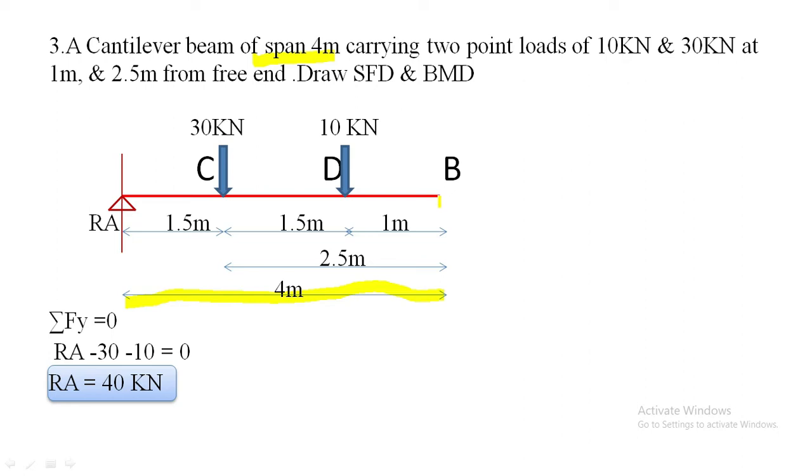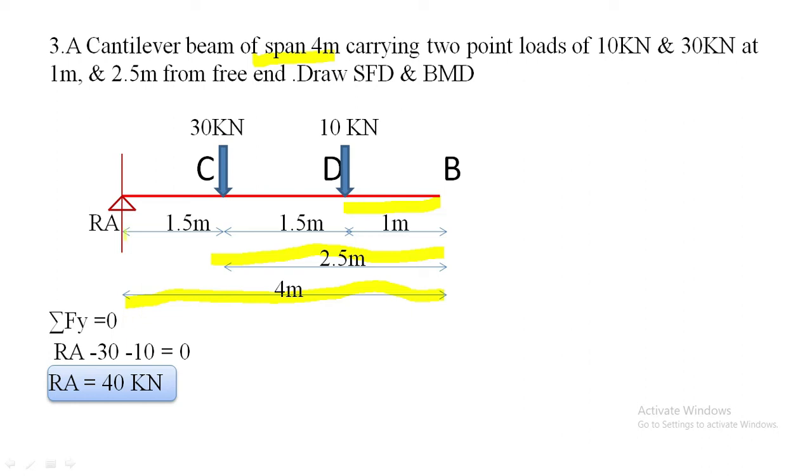From the free end up to 1 meter there is a 10 kilonewton force, and at 2.5 meter from the free end there is a 30 kilonewton load. This is the figure of the cantilever beam. Now the first step is to calculate summation Fy is equal to 0.